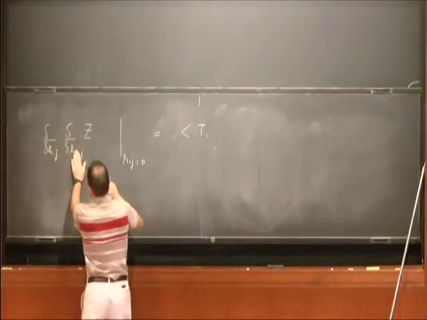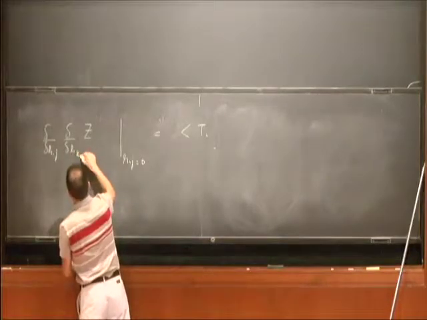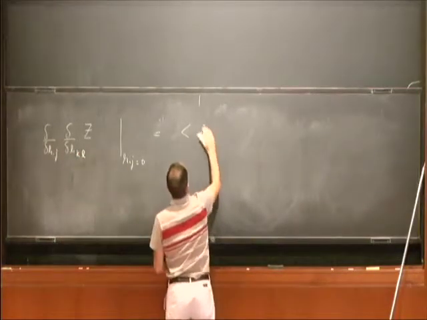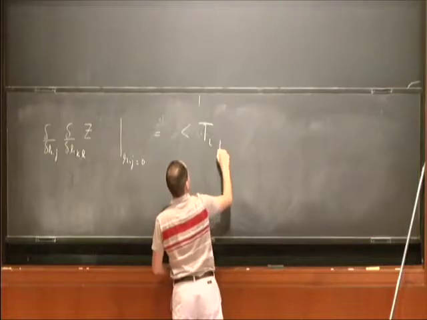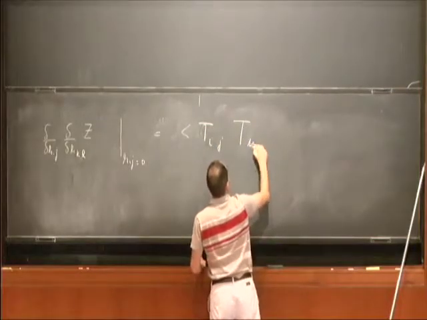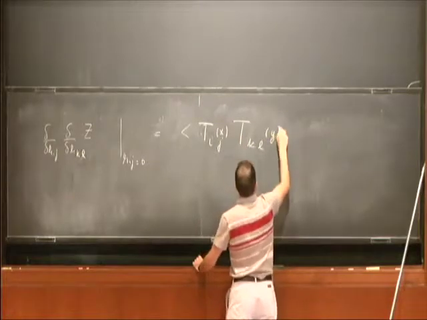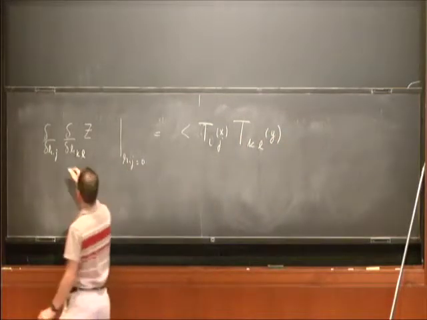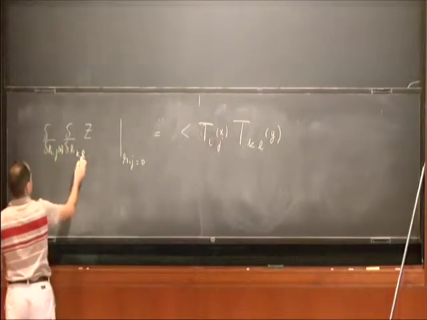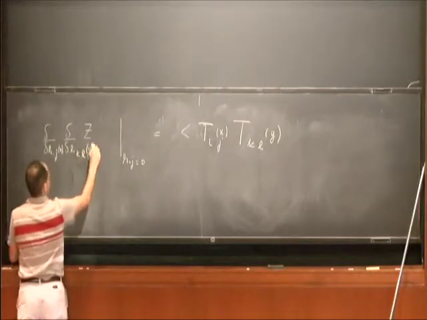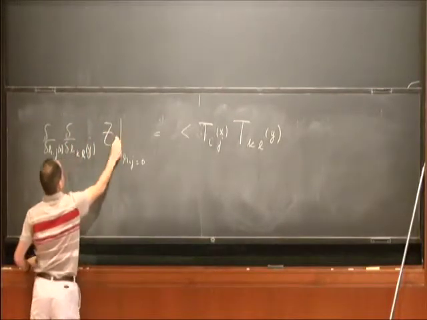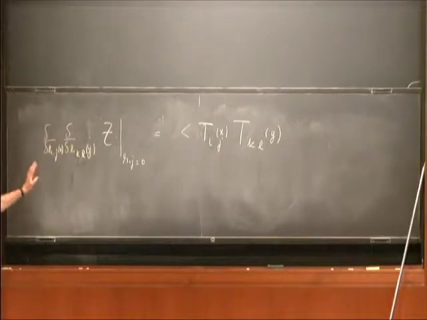These indices are not summed over. This is ij and kl. So we get T_ij T_kl, at some point x and some point y. So we take the derivative with respect to the metric at point x and point y of this partition function. Okay? Is it clear what we're doing?